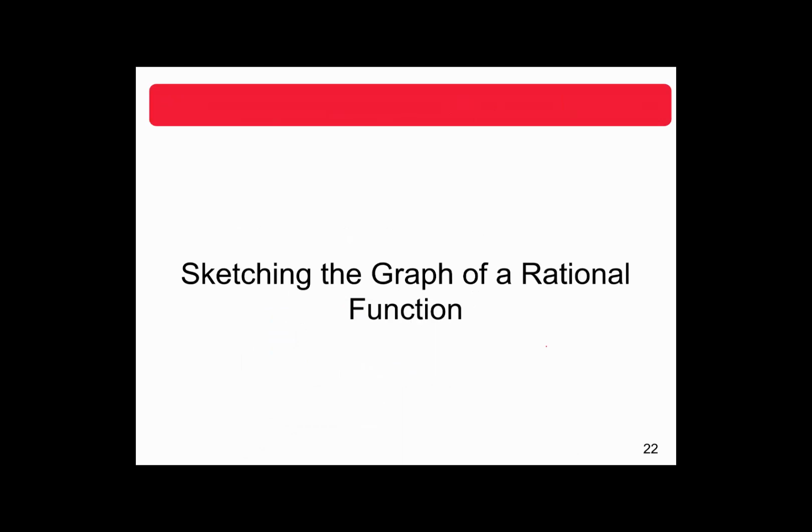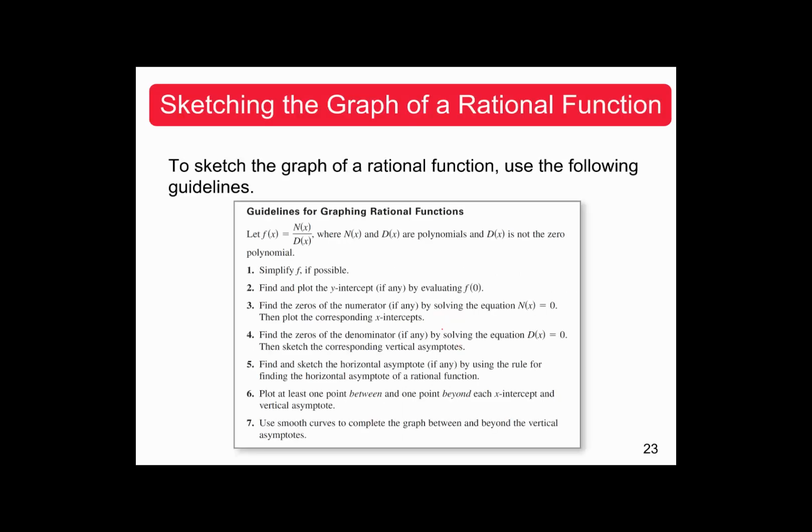So now let's look at sketching the graph of a rational function. We're just going to run through the procedure here. First of all, when we have a rational function, step number 1 is to simplify the function f of x if possible.